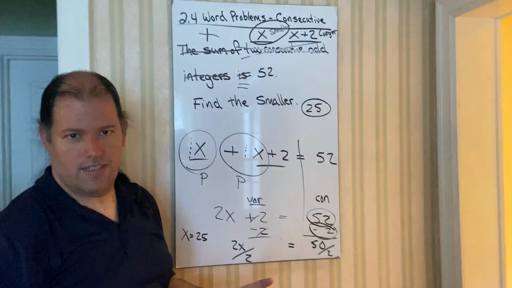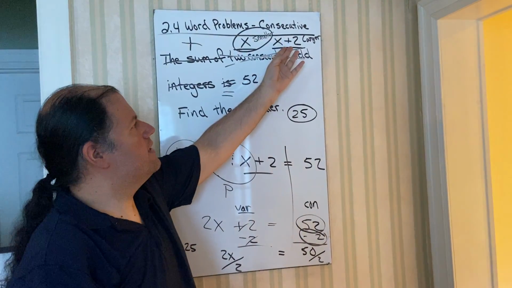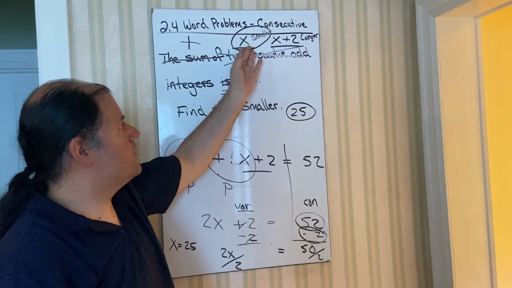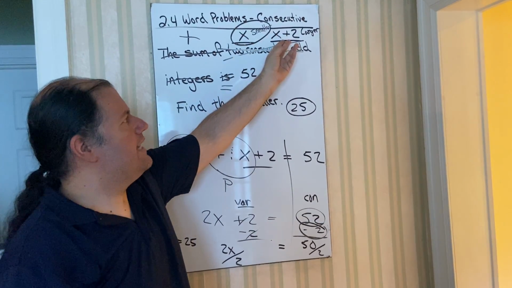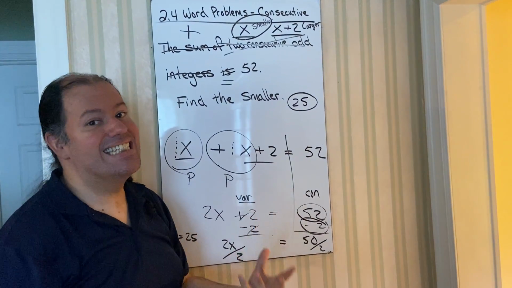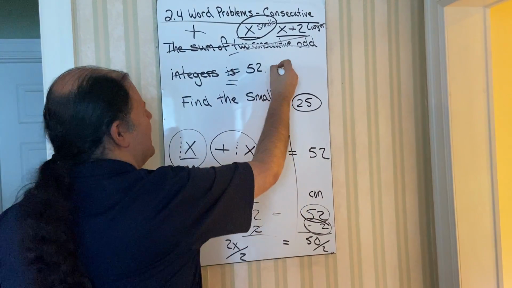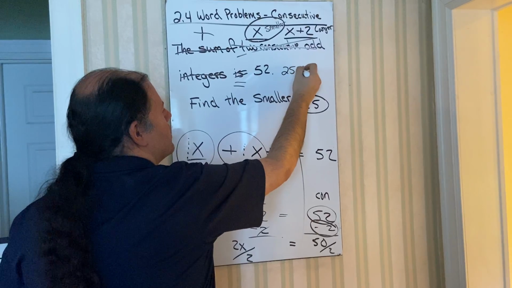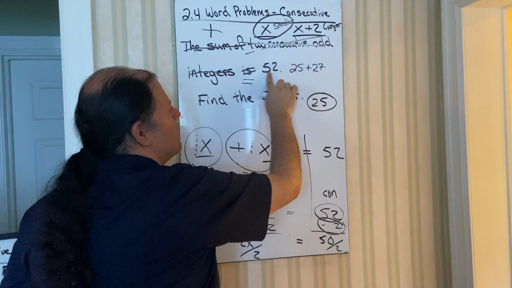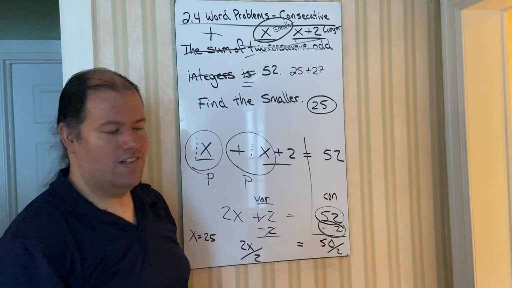That's your answer. You can double check because if I ask you to find the second integer, if you know the first one is 25, the second integer would be add 2, would be 27. And that makes sense. 25 as one integer plus 27 as a second integer, if you add them, you'll get the 52.